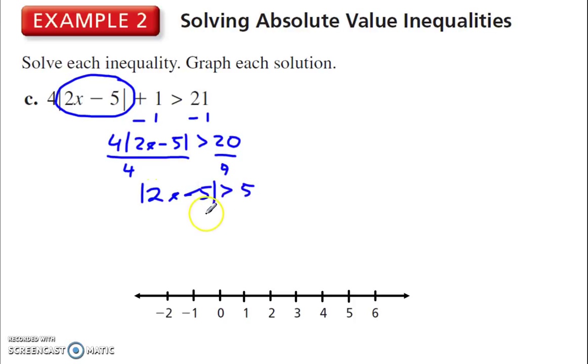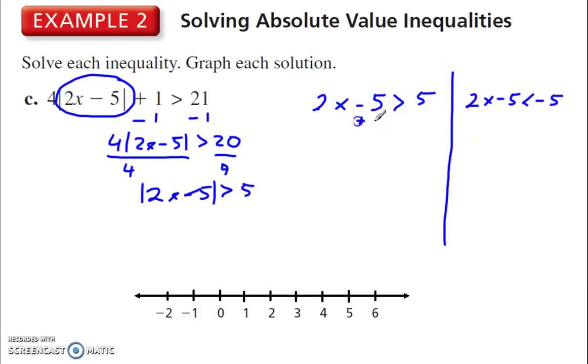Now I can solve my two cases. So I either have 2x minus 5 is greater than 5, or 2x minus 5 is less than -5. Flip both signs. Alright, solve each case, add 5.